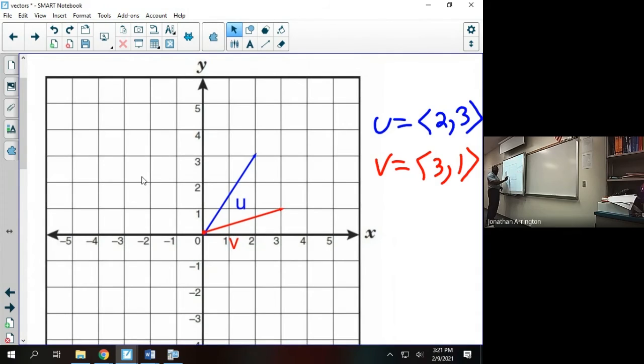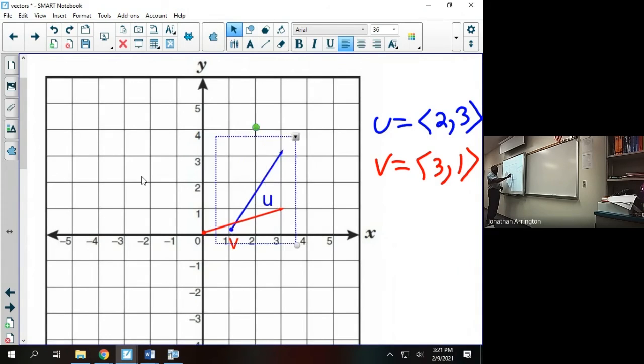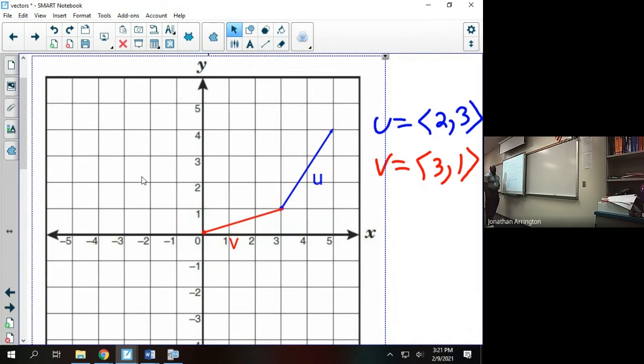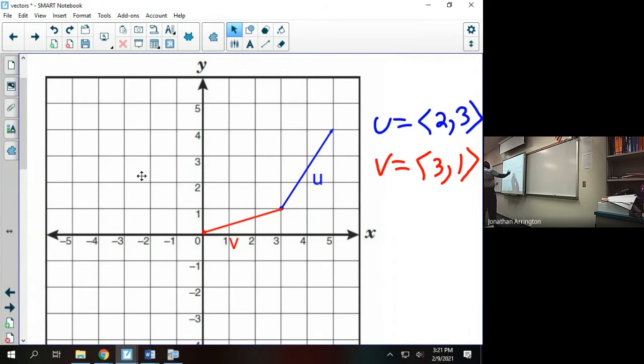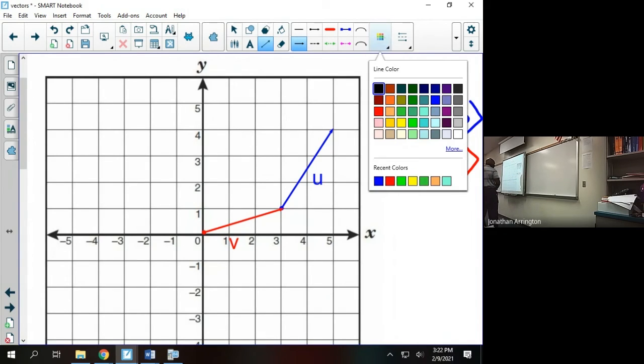Let's put that back to center. So I'm going to put the initial point of vector u on the terminal point of vector v. The resulting vector, I'm sure you guys have heard of a resultant force, is u plus v. Let me show you what the resulting vector looks like. Let's draw a new vector. Let's go lime green on these guys.